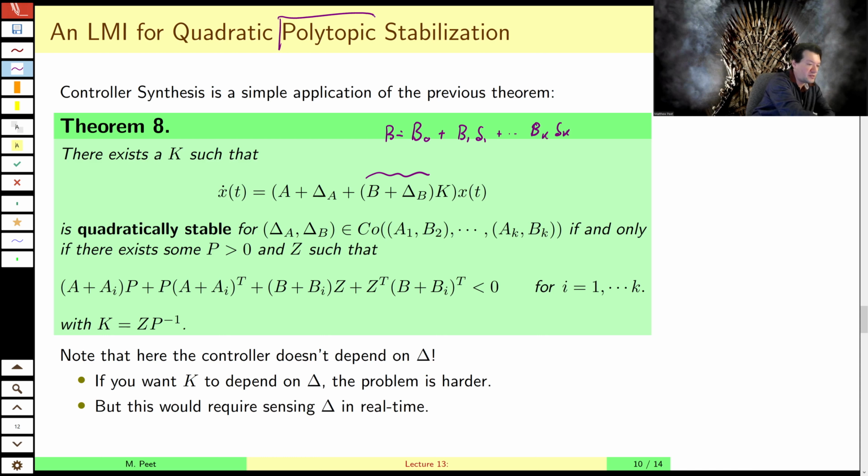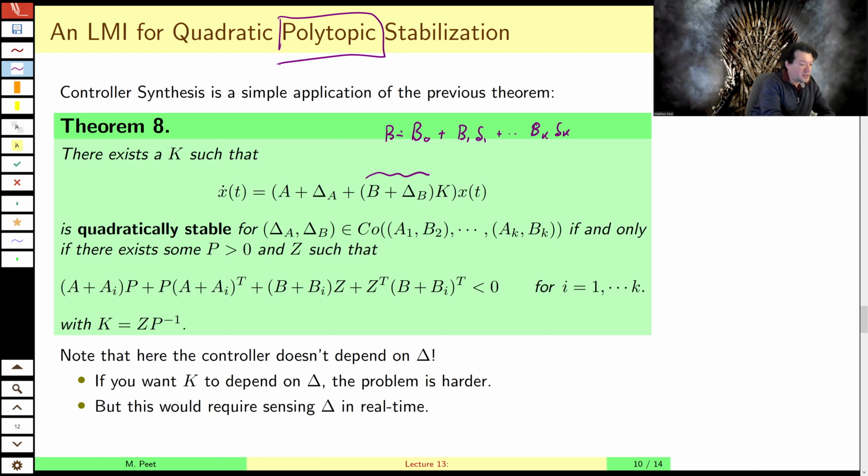The interval case, of course, is a straightforward extension of the polytopic case. So instead of enforcing the LMI condition at the vertices of the polytope, you enforce it at the vertices of the hypercube.